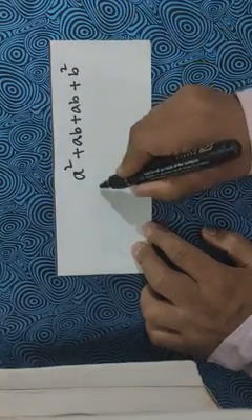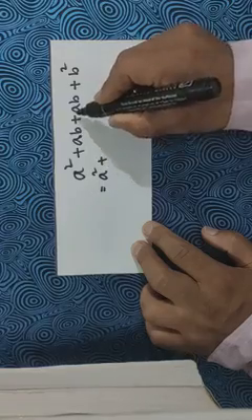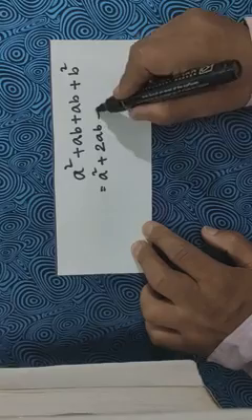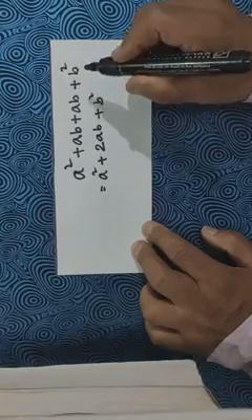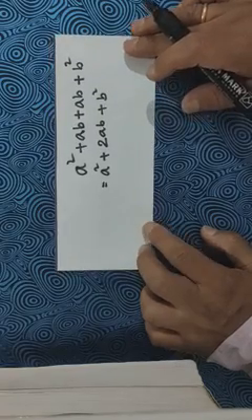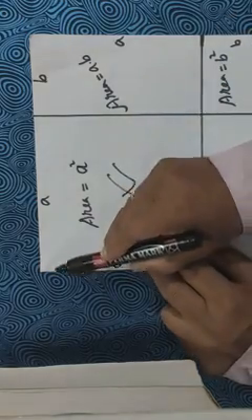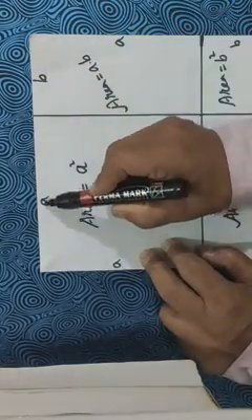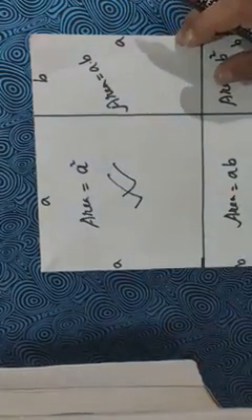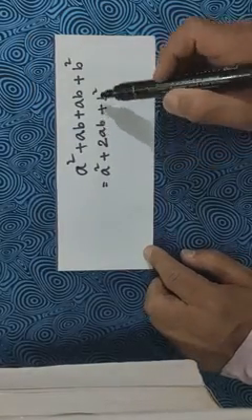If we add them all properly, it is A square plus AB plus AB, which is 2 times AB, then B square. That means the area of the square whose side was A plus B was found as A square plus twice AB plus B square.